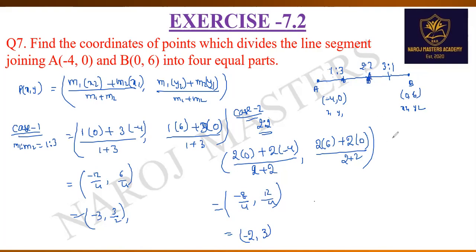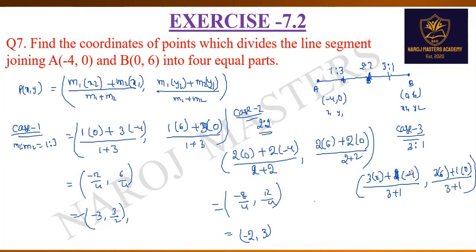If you take 3 is to 1, case 3, then 3 into 0 plus 1 into minus 4 by 3 plus 1, comma 3 into 6 plus 1 into 0 by 3 plus 1.